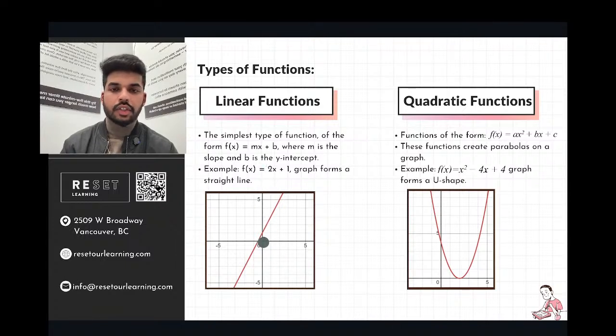At the origin, this point, 0 and 0, right in the middle, that's called the origin. So when your x value is 0, your b is the y-intercept. For example, let's take f(x) equals 2x plus 1. Your slope here is 2. So when your x changes by 1 unit, your y changes by 2 units.